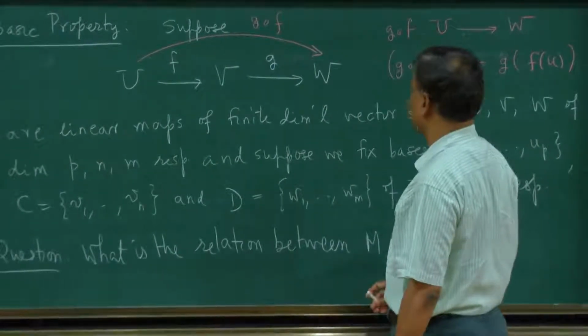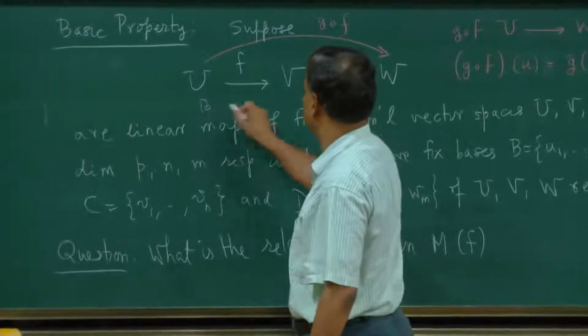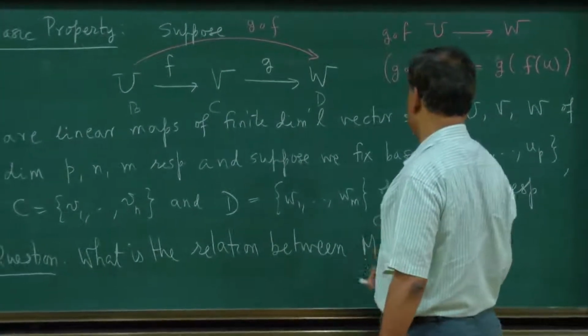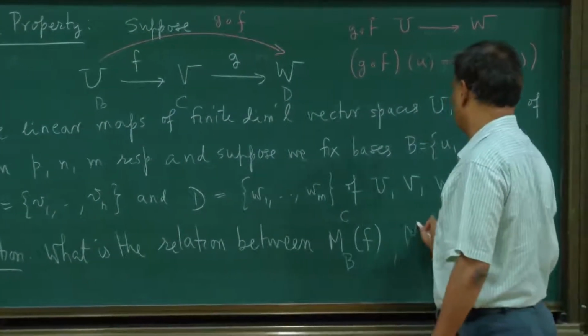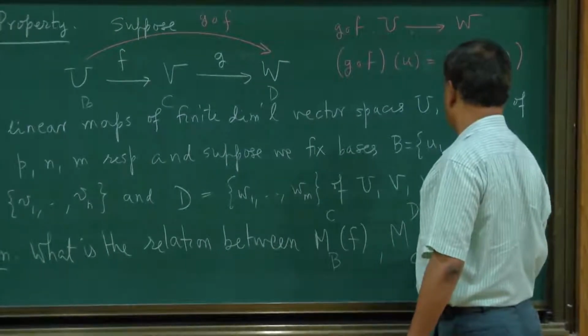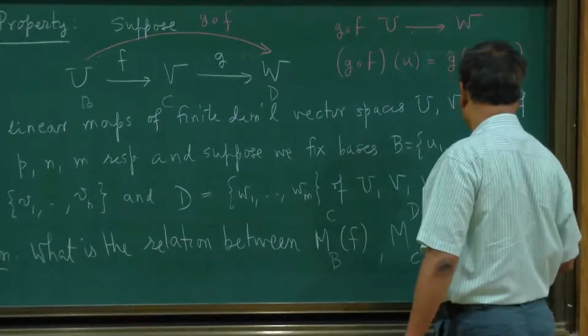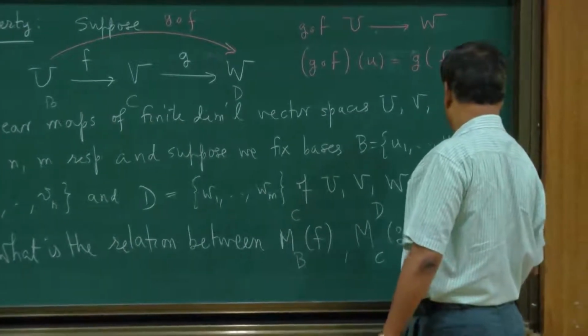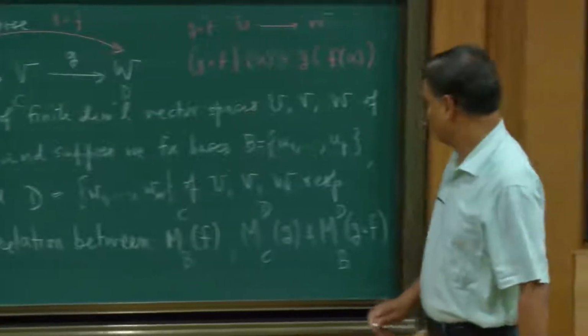So what are the bases here? I guess I called it B, C, D. B here, C here, C here, D here, and g composed with f. What would I have? B here and D here, right?